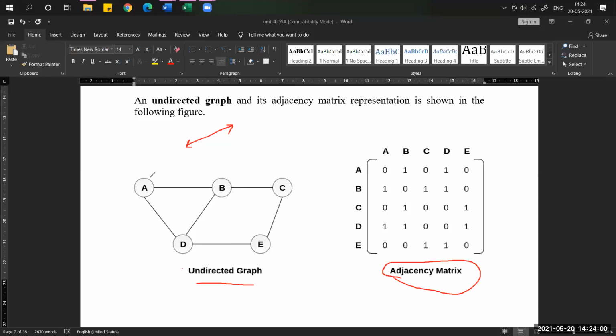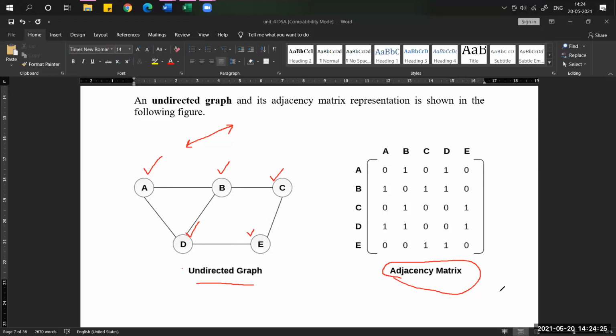Now, what is the first step? How many vertices do we have? 5: A, B, C, D, and then E. So all the vertex names you should write as rows and columns, A, B, C, D, E, and A, B, C, D. Why? Whenever we talk about an adjacency matrix, what is the dimension based on the vertices?